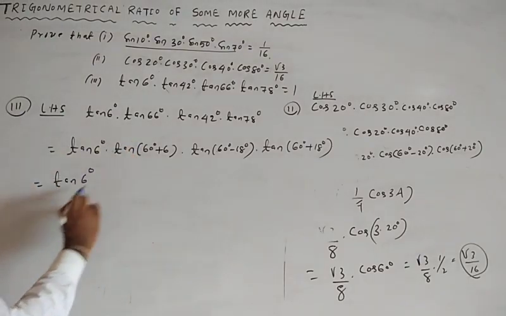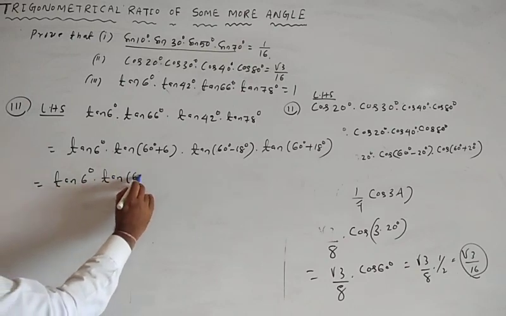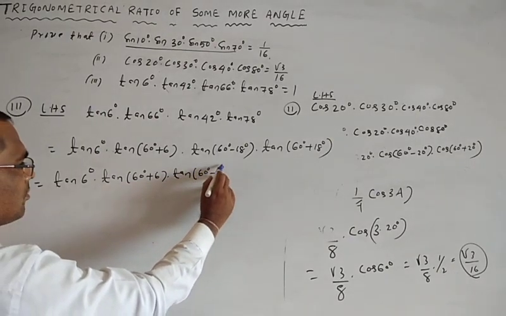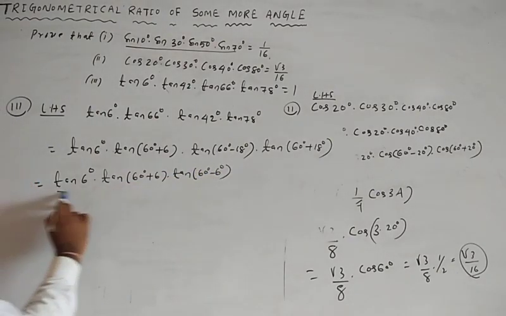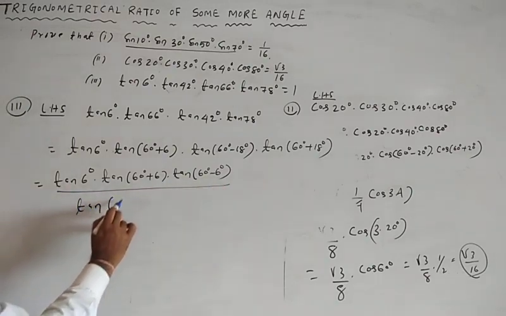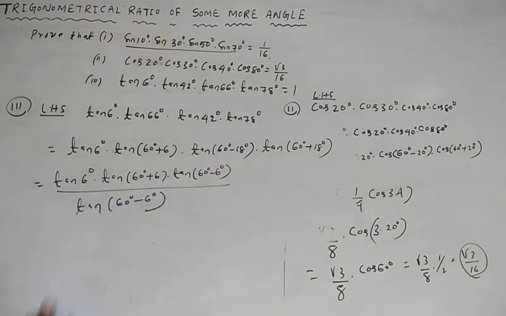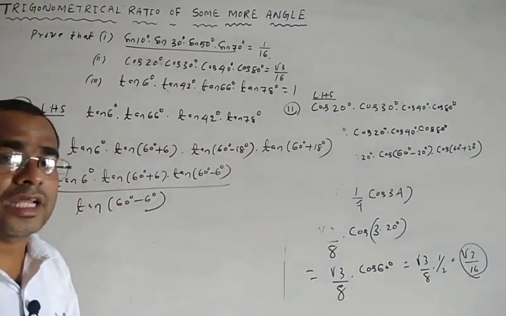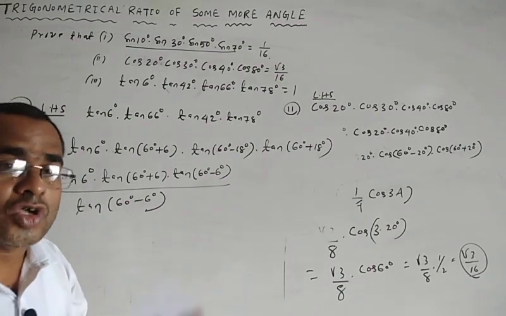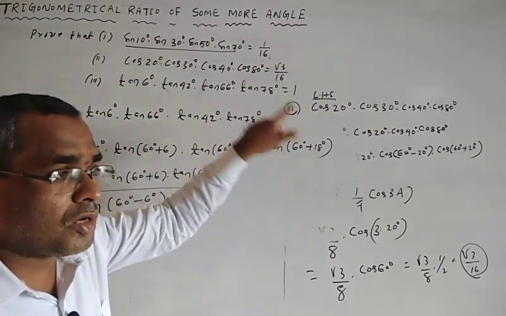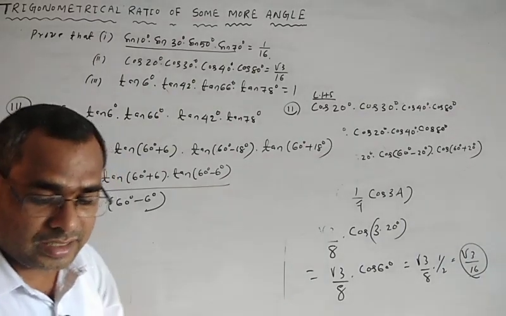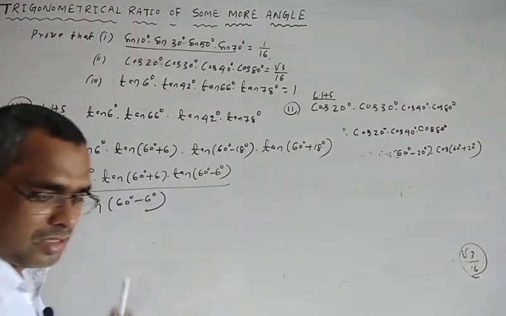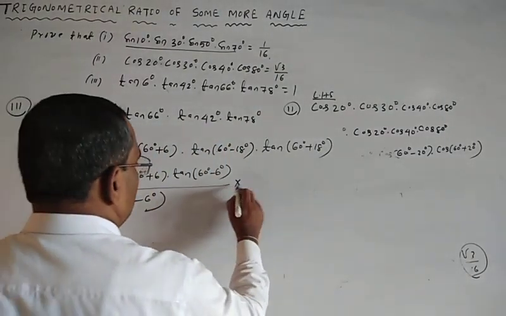Then here also tan(60 minus a) and tan(60 plus a), but tan 18 degree is not there, a means 18. So here also we multiplied and divided by tan 18 degree.